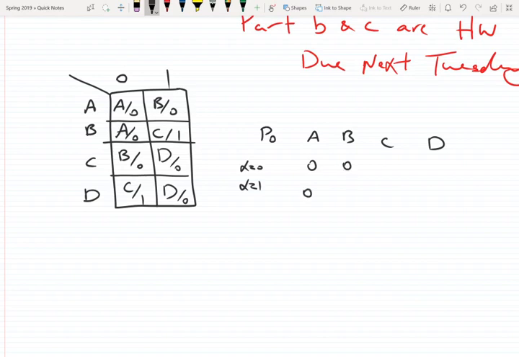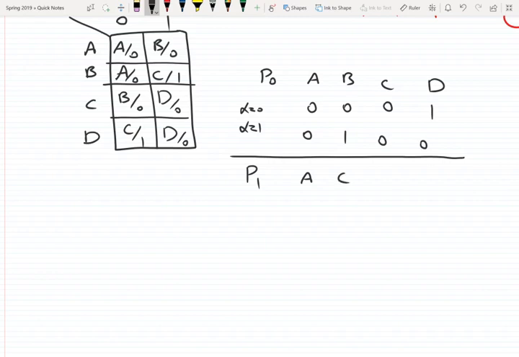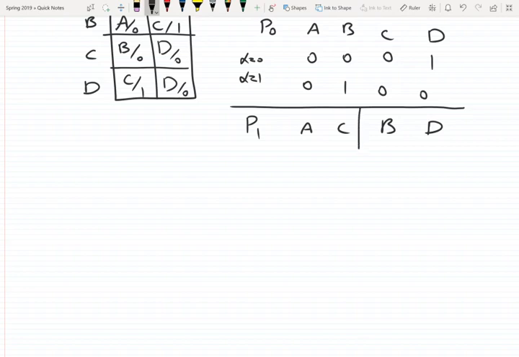B is 0, 1, C is 0, 0, D is 1, 0. And we go to P1. We select those that have the same output. So we say A and C, B and D. A and C have the same outputs. B and D each have different outputs.